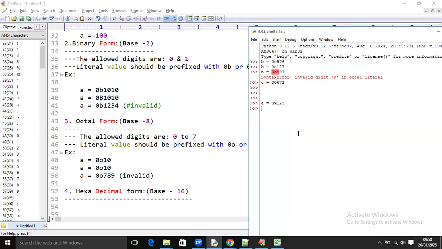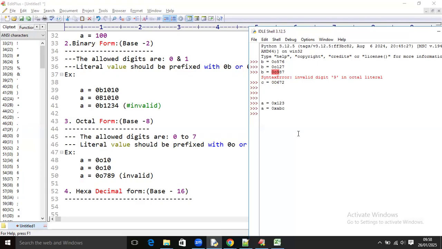Now let's try with the alphabets also. a equal to 0x abc. Allowed, because it is a hexadecimal.